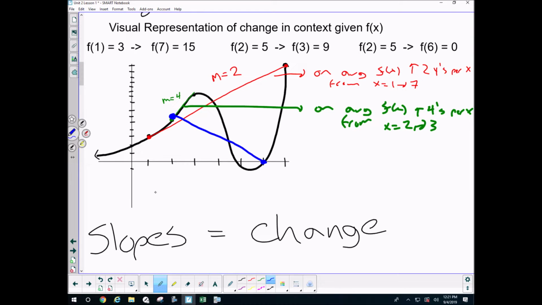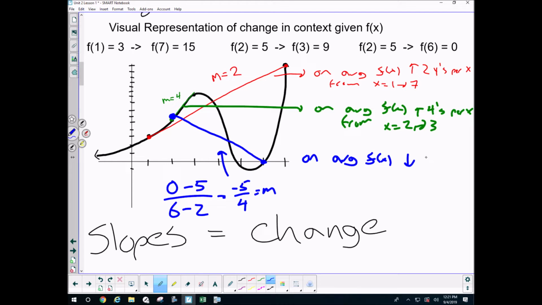Rise over run. y2 minus y1 over x2 minus x1. I'm not even going to write them down because you guys can figure it out. There's my slope, negative 5/4 on average. My function is going down 5/4 of a y per x.